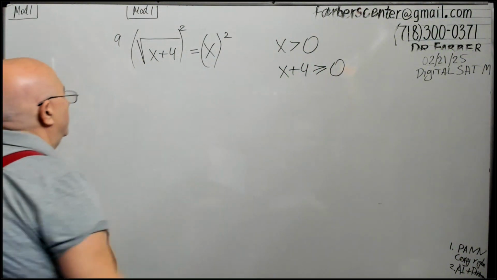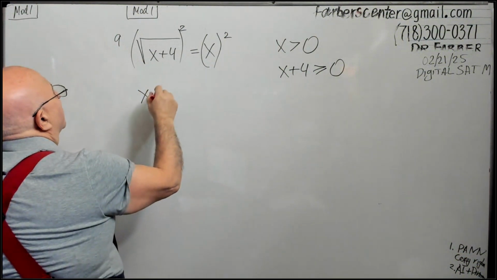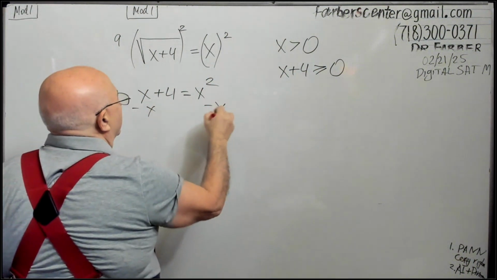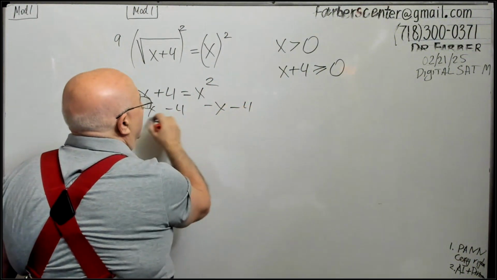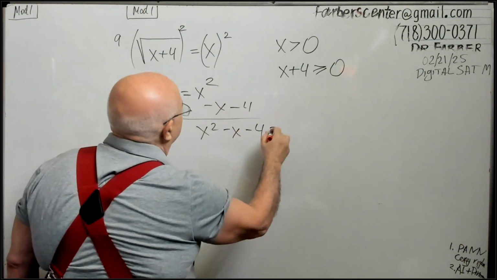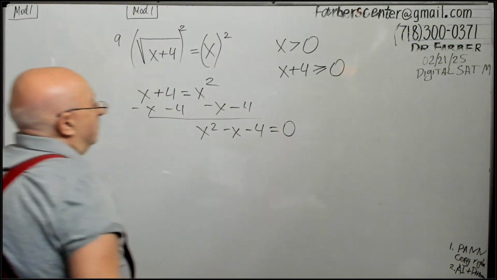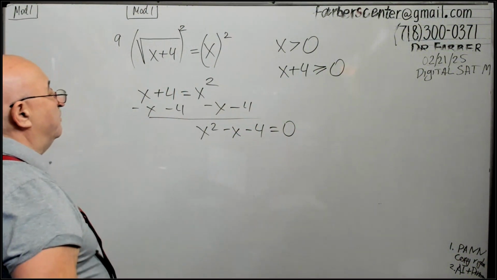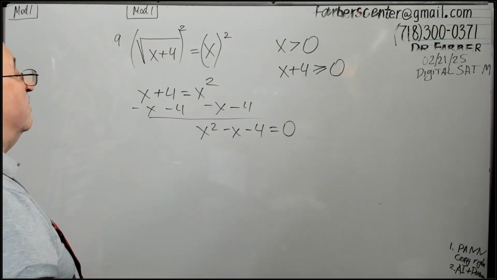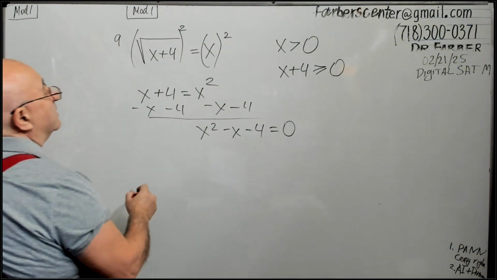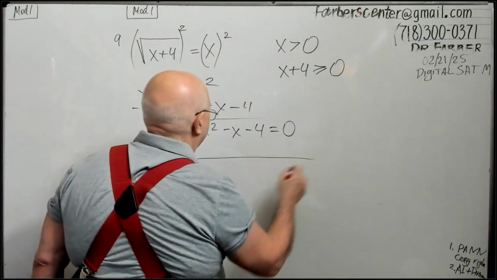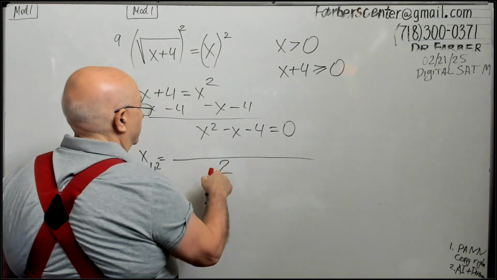2 restrictions. Now, when you put it to the second power, you have x plus 4 equals x squared. Or normalize: minus x and minus 4. And you have x squared minus x minus 4 equals 0. Since you don't have real factors here, it's not easy to apply Vieta's theorem, so use the quadratic formula. X, the first, the second equals: double the first coefficient, 2.